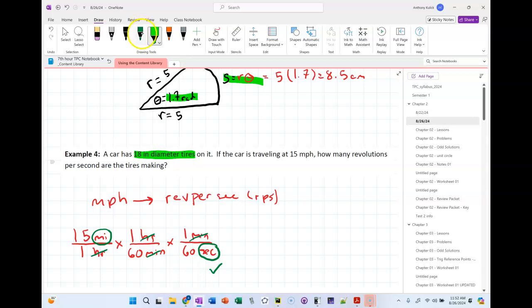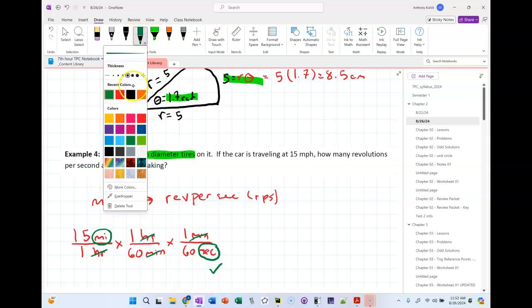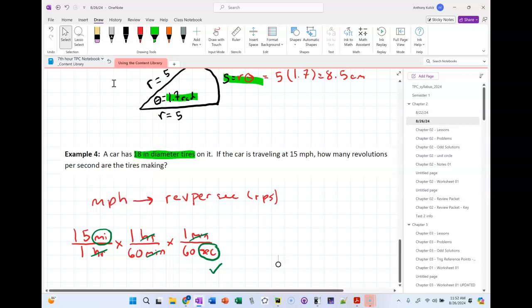Now, does anybody remember how many inches are in a mile? No. Does anybody remember any things that are in the mile? It's 5,280 feet in a mile. That's, I think, what you're searching for.